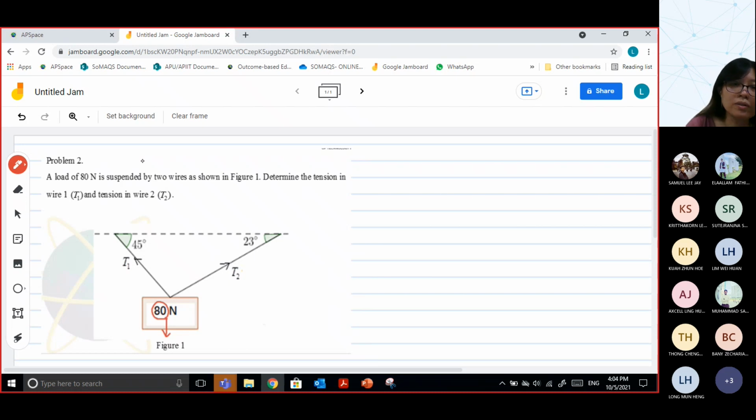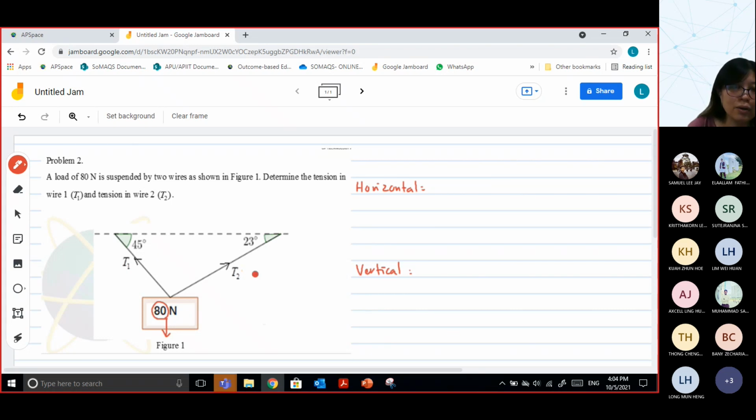So what you need to do is find the horizontal first, and after you find the horizontal, then you find the vertical component. For horizontal, we will always write the left equals to the right. For vertical, we will always write the top equals to the bottom. So let's try this out, then later I will show you the solution, but you try it out yourself first.